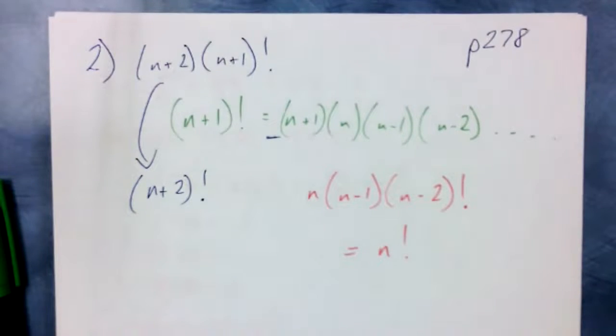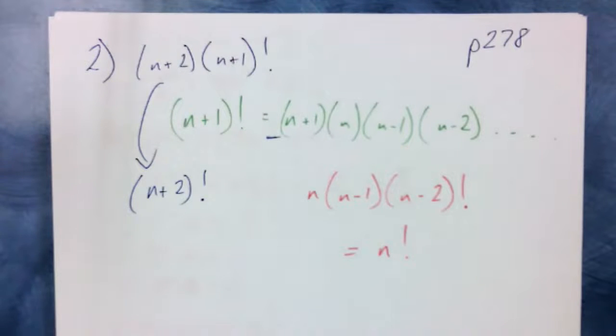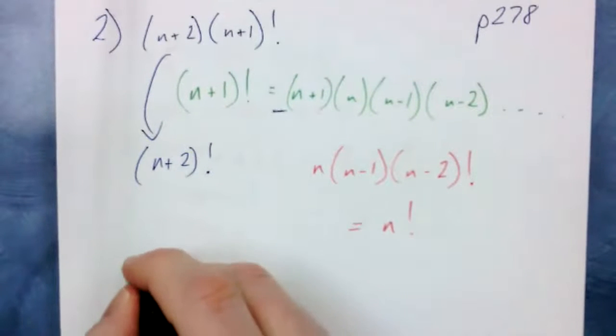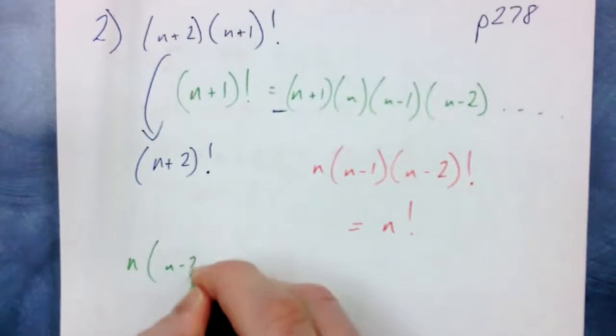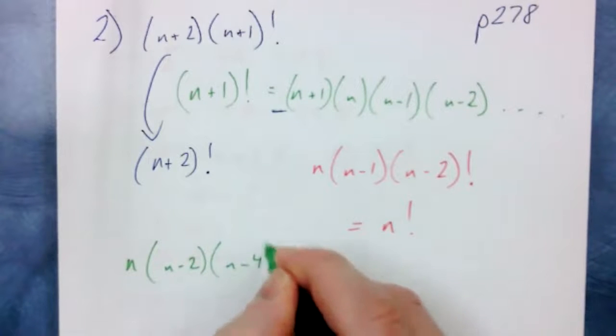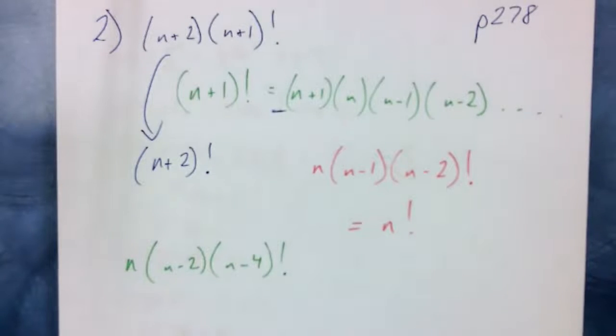Does that make sense? So any of those n minus 1, n minus 2, if it says factorial, you can just get rid of all of them? Yeah, as long as it's all in a line, in order. What I couldn't do is n times (n minus 2) times (n minus 4) factorial, well, I'm hooped. There's nothing I can do to simplify that because I'm missing n minus 3 and n minus 1.